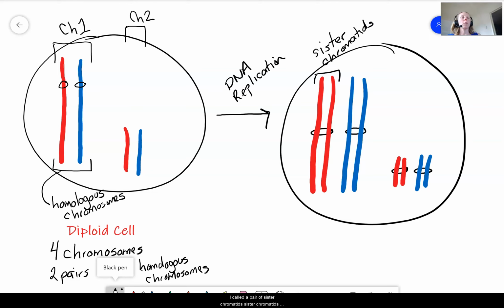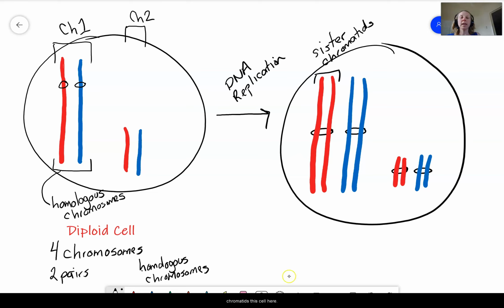Sister chromatids are identical, so they have exactly the same genetic information on both copies because the second copy was made from the first copy during the process of DNA replication. So in S phase of the cell cycle, the DNA was duplicated, making these identical sister chromatids.